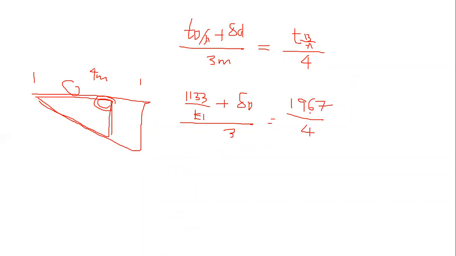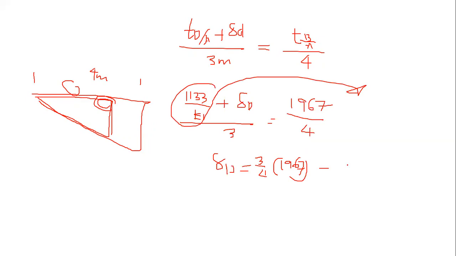So cross multiplication, tapos ito. Okay, you have here deflection at D is just equal to 3 over 4. Okay? Over 1 or times 1967. Tapos ito punta sa kabila, magiging negative 1133 over EI na lang natin lahat. Kasi ito dito may EI naman to, may EI din ito.